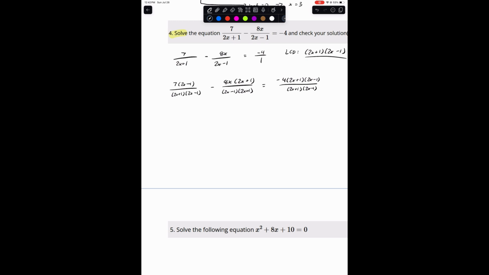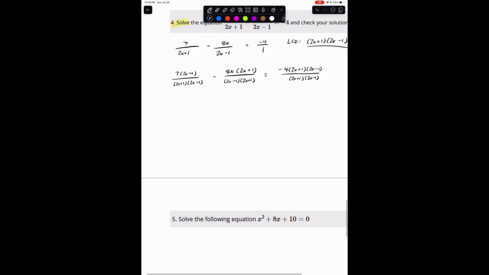Let me think for a second. Okay, so now we have this, right? We can see that all the denominators are the same. Actually, is there a faster way to do this?